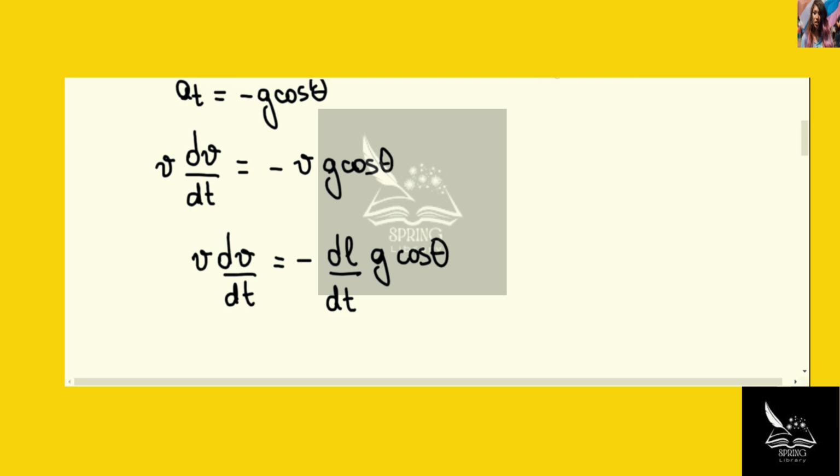So notice that the trajectory is something like this. It's a circular trajectory. And dl is the element of the arc length, and we have that dl is equal to the radius of the trajectory, r, times d theta.